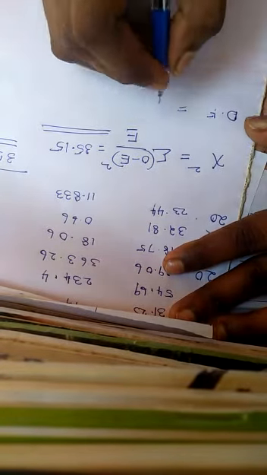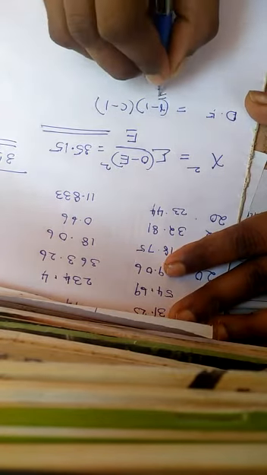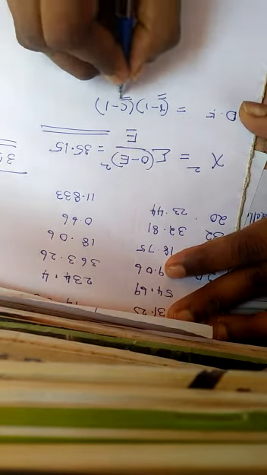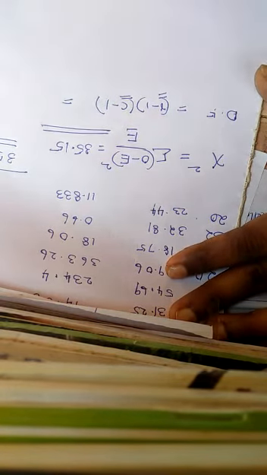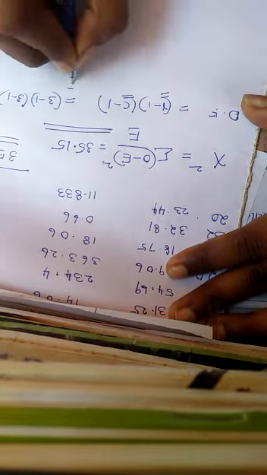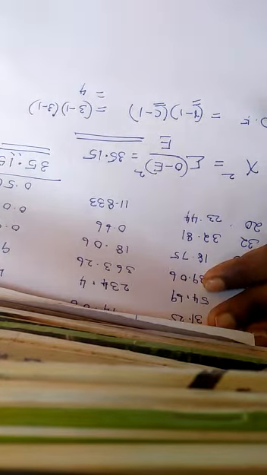How to find the degree of freedom? R minus 1 into C minus 1, where R is the number of rows and C is the number of columns. Here we have 3 rows and 3 columns, so 3 minus 1 into 3 minus 1 is 2 into 2, 4. The degree of freedom is 4.